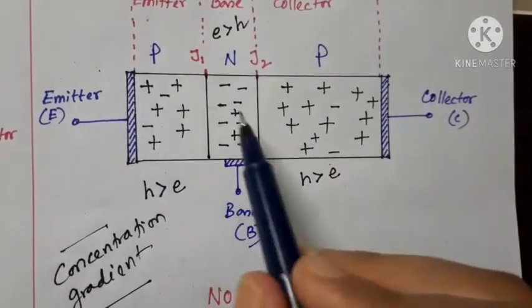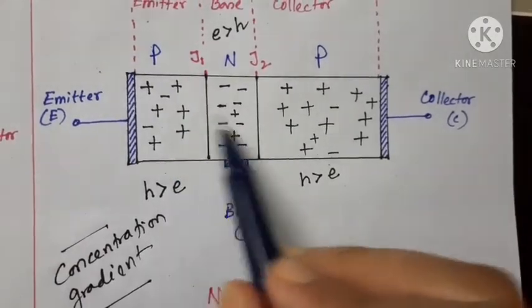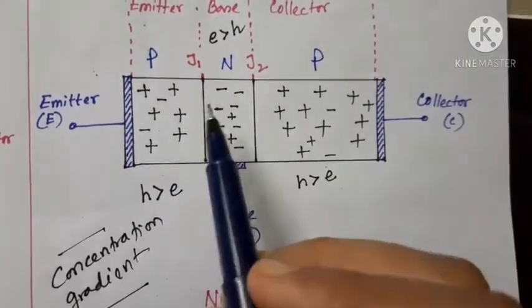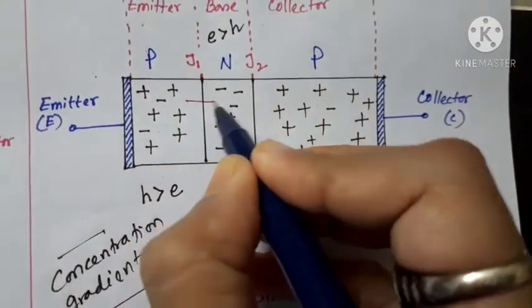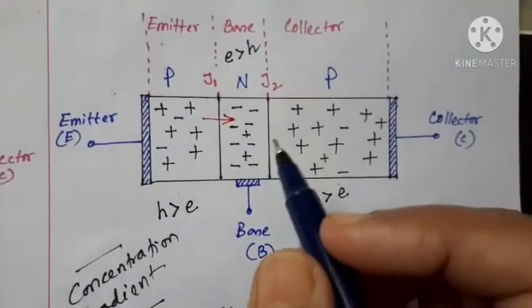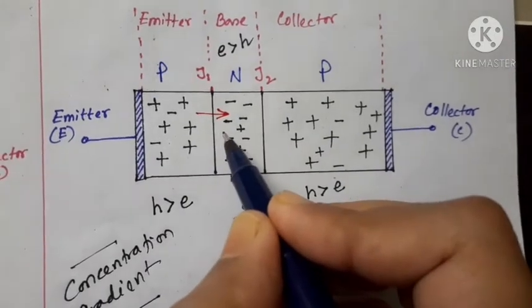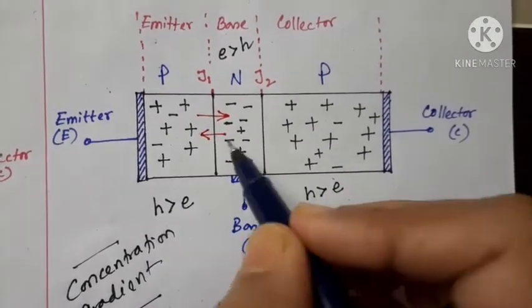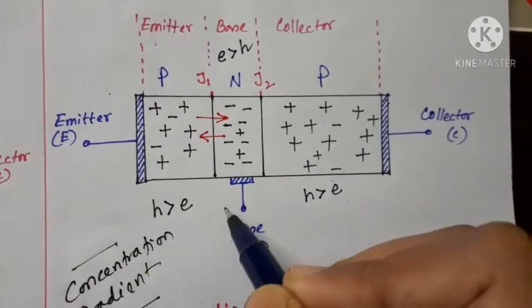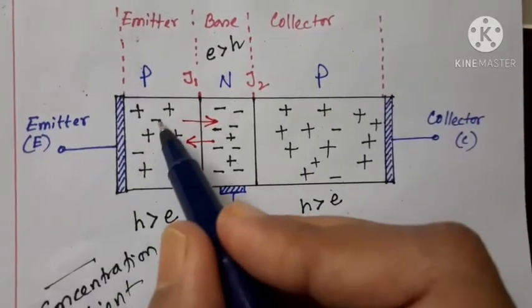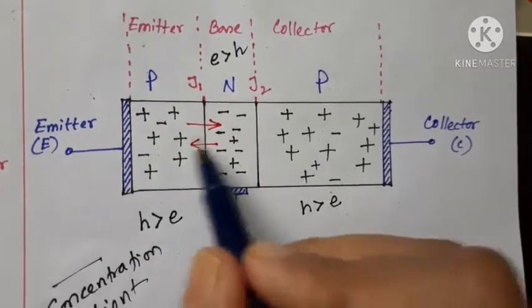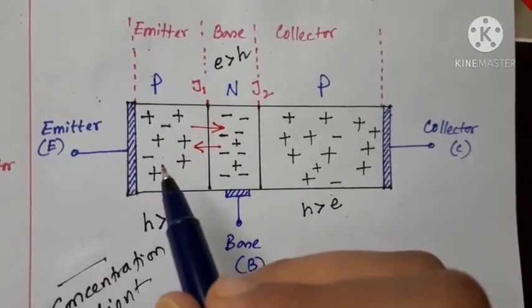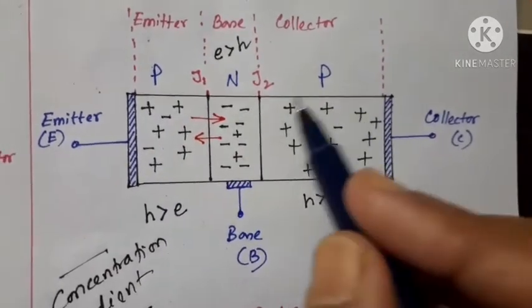So due to this difference in the number of holes between these two regions, holes will start to flow from this side to this side, and electrons will start to flow from this side to this side, because here the number of electrons is quite large and here it is quite small. So there will always be a charge flow from the higher concentration to the lower concentration.